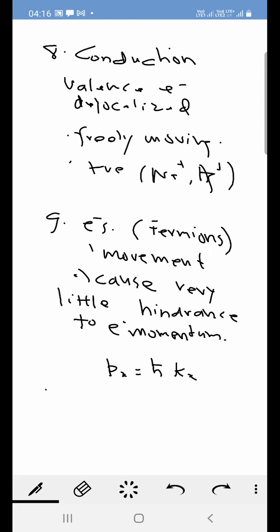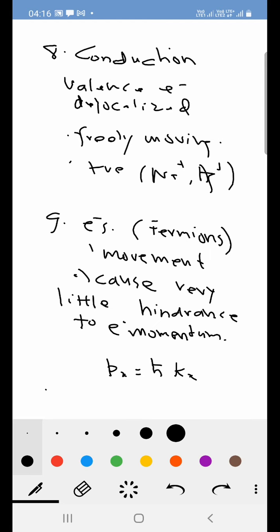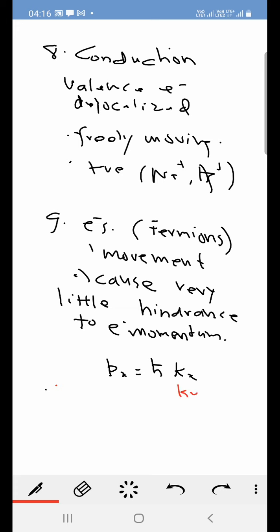We had considered movement along the y and z axes, so there is a k_y and a k_z. Now these k_x, k_y and k_z form the reciprocal lattice of momentum space.